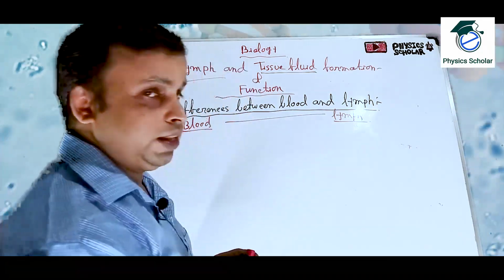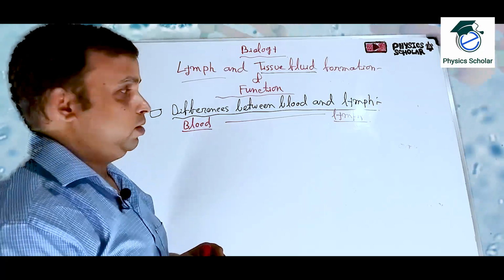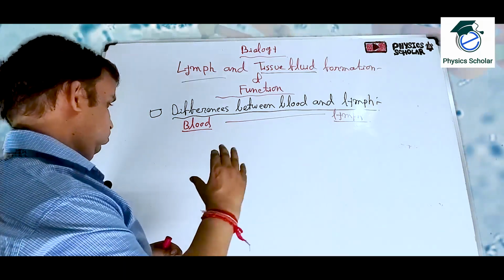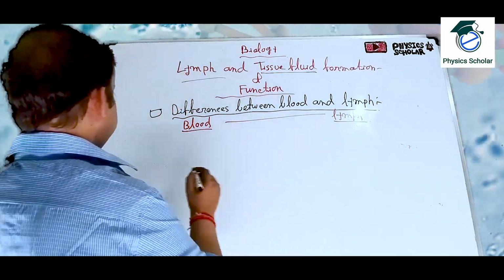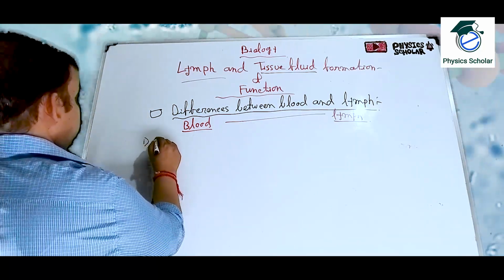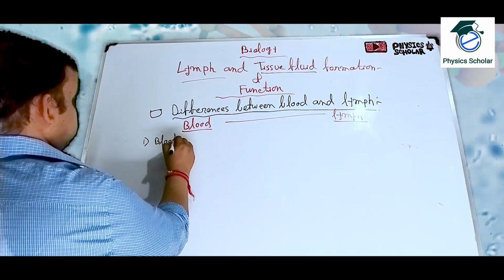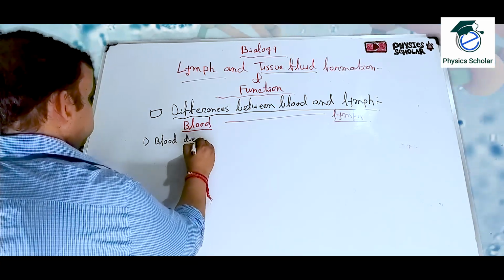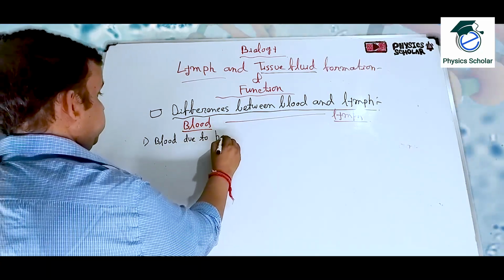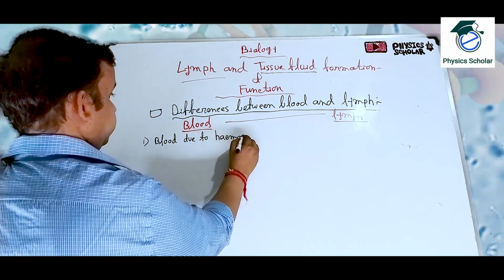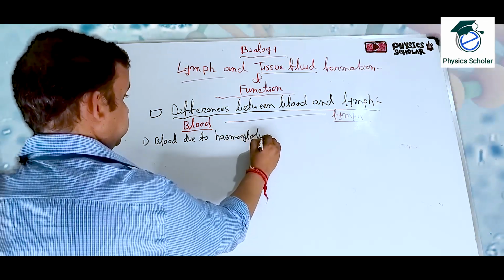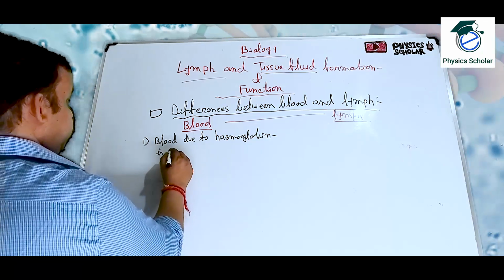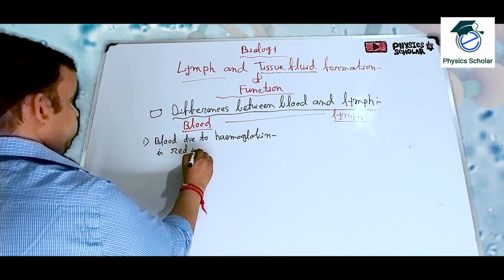Basically, the blood has hemoglobin, in most cases, in our case, except the insects. So blood, due to hemoglobin, is red in color.